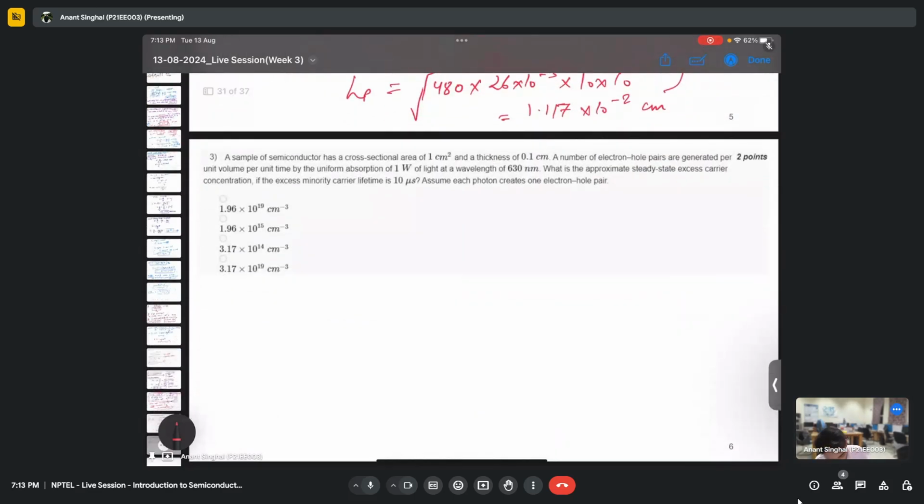Now this is a good question. It says we have a sample of semiconductor with a cross-sectional area of 1 centimeter square and a thickness of 0.1 centimeter. The number of electron-hole pairs generated per unit volume per unit time by a power absorbed of 1 watt and wavelength 630 nanometer.